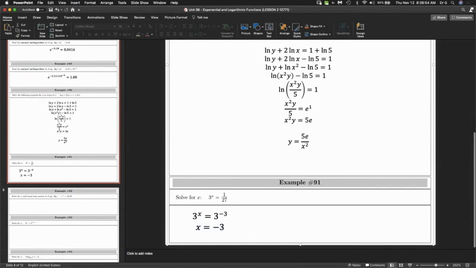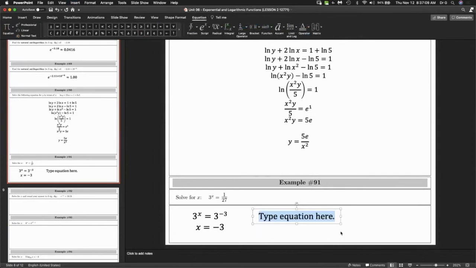But let's say that you're someone that doesn't like guessing, or maybe you're just not that comfortable with exponents and mental math on that level. That's okay. Remember that when you have an exponential, you could write it the other way, which is the logarithm way. So in this case, we could say that x equals log base 3 of 1 over 27.